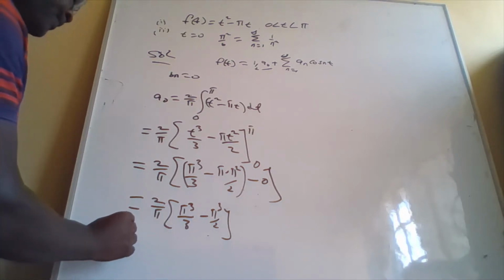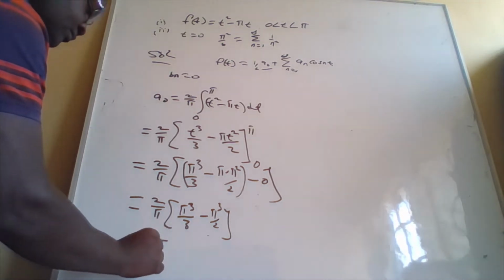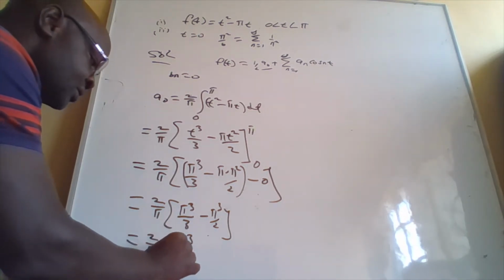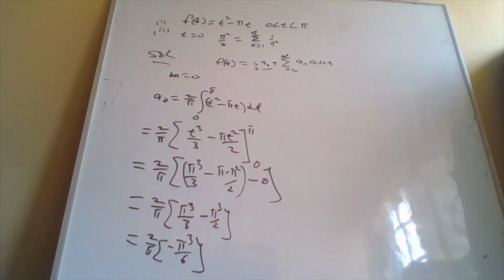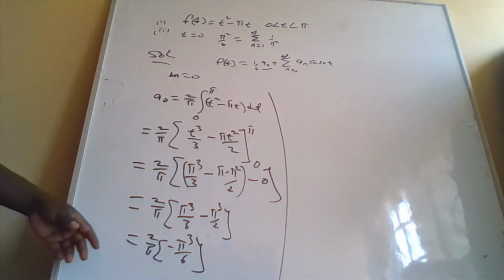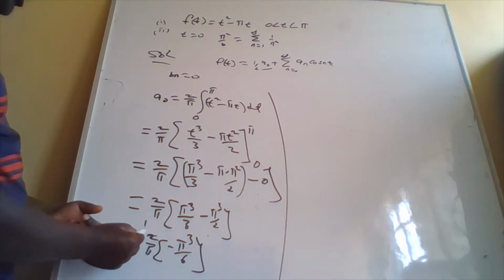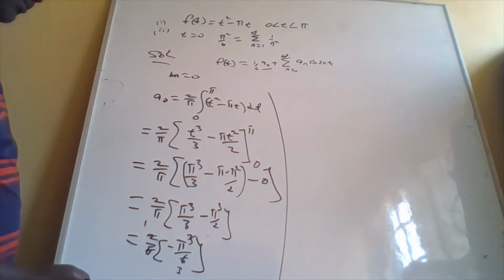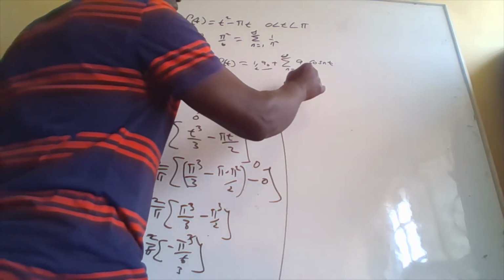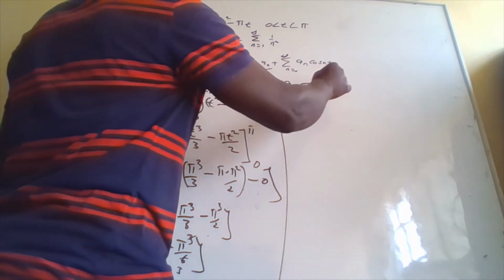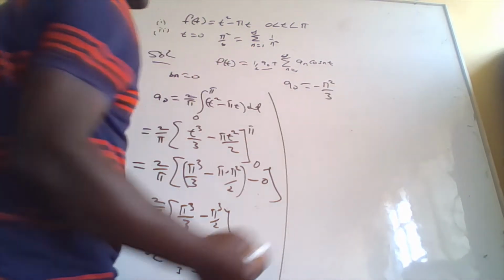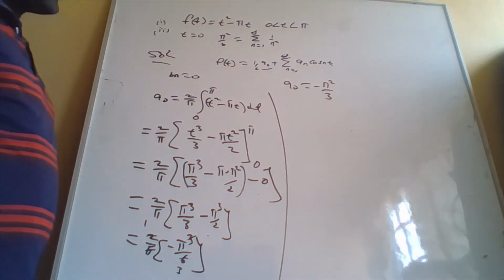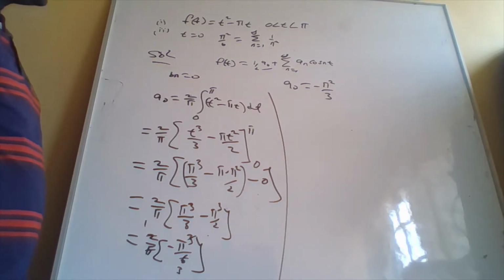We remain with minus pi cubed over 6. Now these two will cancel, there 1, 2 here 3, and this pi goes with one pi there, so we remain with a naught equals minus pi squared over 3. That is our a naught.